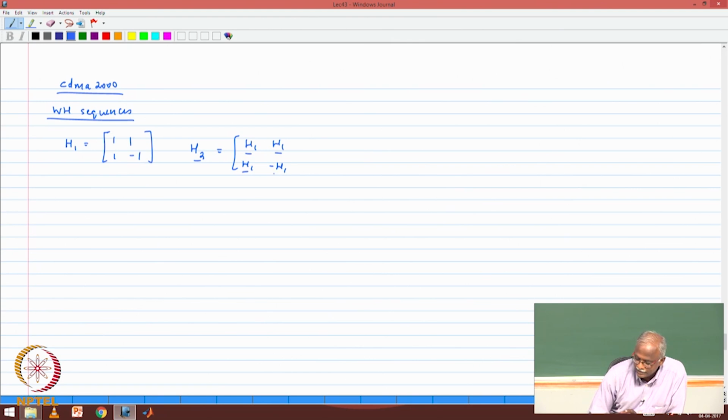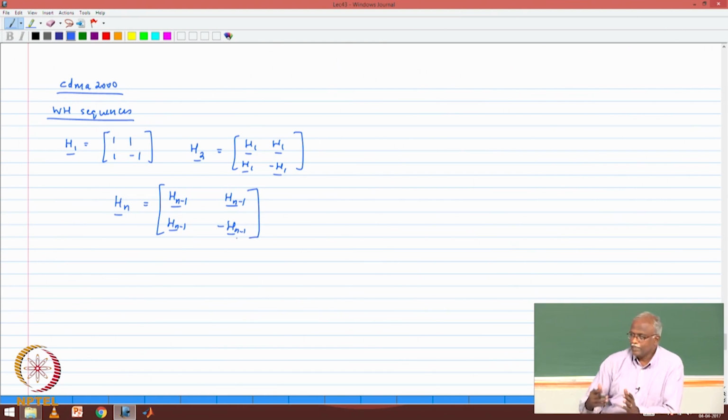Okay, these are all matrices. So basically that becomes a 4 by 4 matrix. In general, the matrix at the nth level is Hn-1 Hn-1; Hn-1 -Hn-1. Okay, so basically it goes as a power of 2.